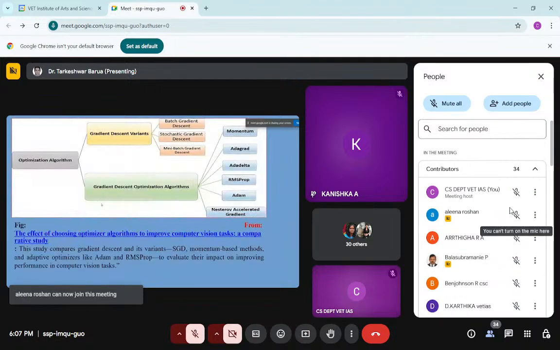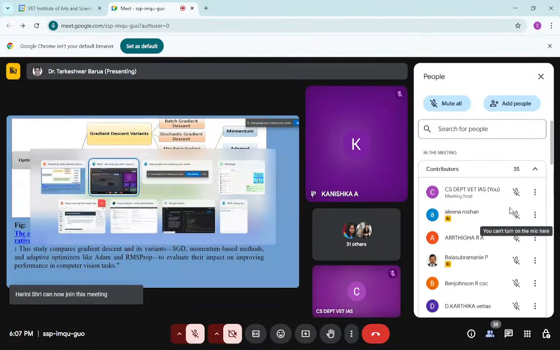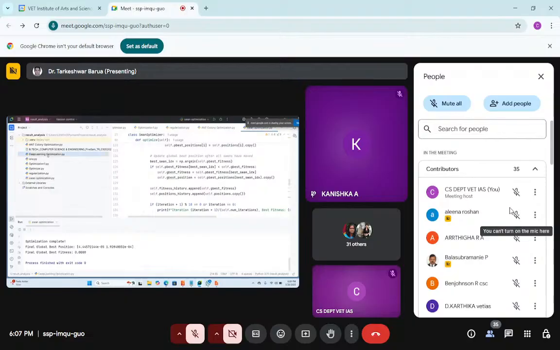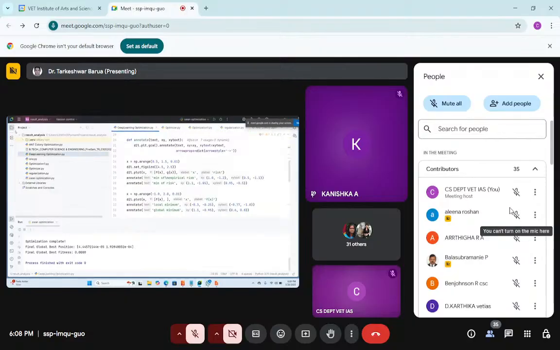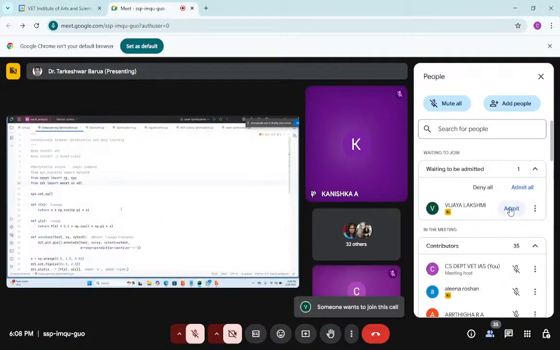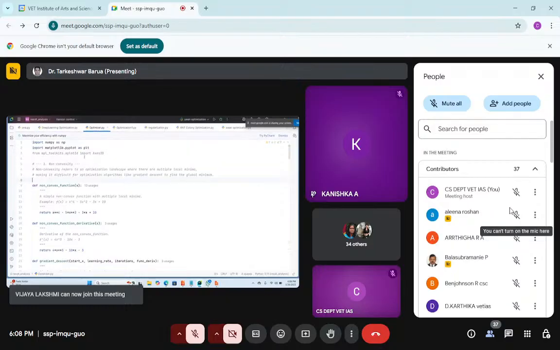So what are the major techniques we apply in this? And I will show you some code as well. So how this technique works. If you are optimization participants coming from Python, they can use this code optimizer.